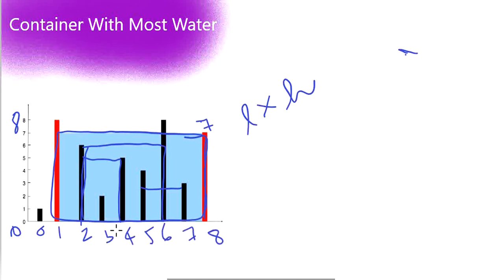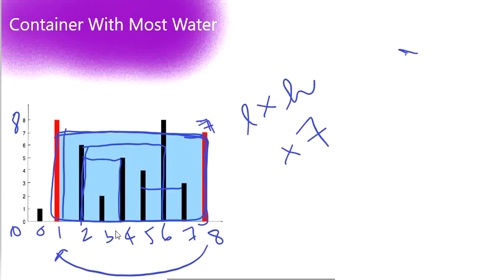So now if you want to calculate the area of this bigger container, then the height is 7, the length is 8 minus 1, that is index of 8 minus index of 1. So this is actually 7. 7 into 7 is 49, and that's the area we have to return.